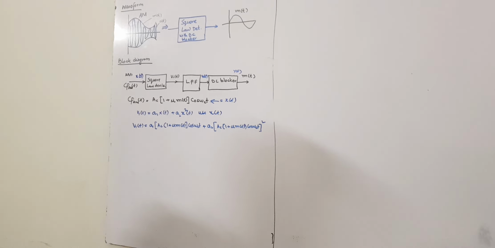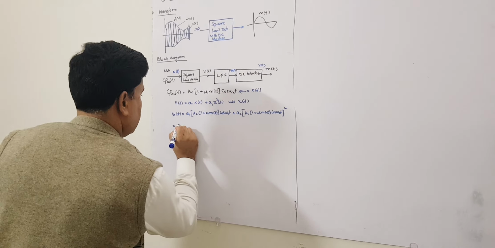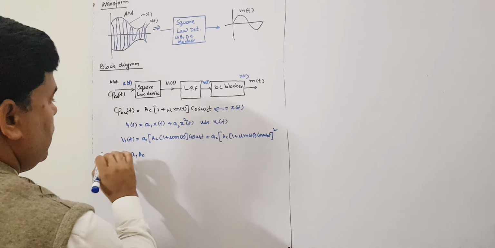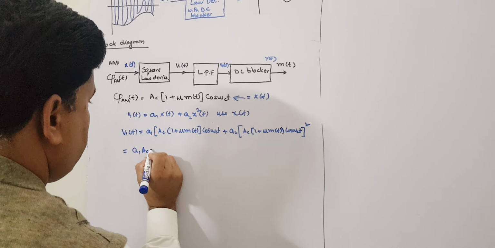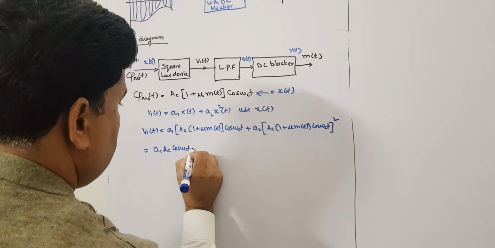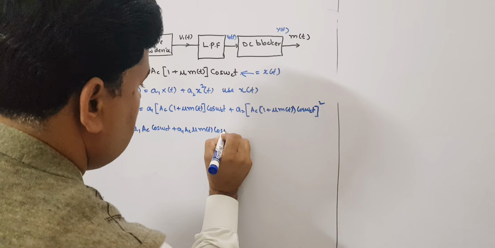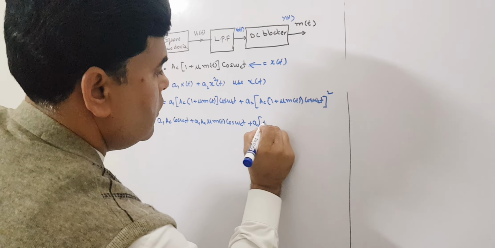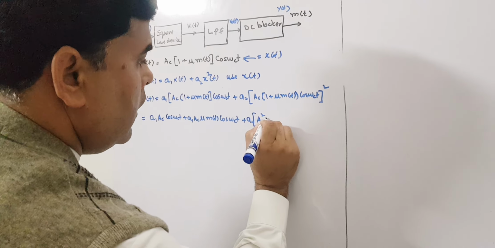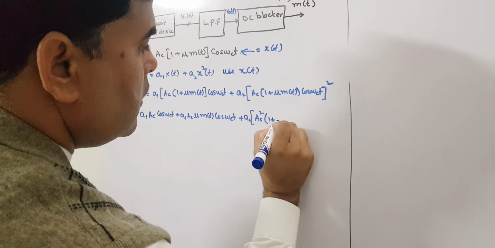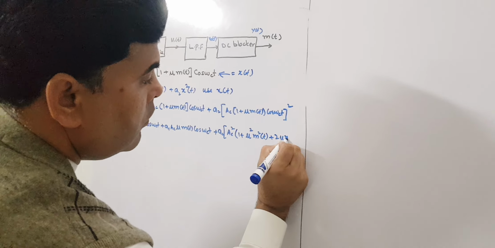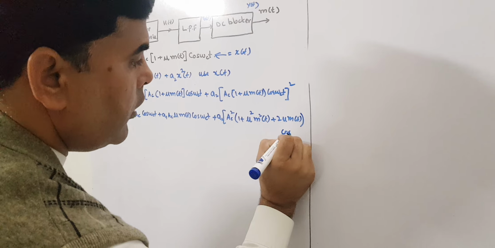Then we can open the square, and the result is a1 Ac cos omega c t plus a1 Ac mu m(t) cos omega c t plus a2 times Ac square, and then (1 + mu square m square(t) + 2 mu m(t)) multiplied by cos square omega c t.